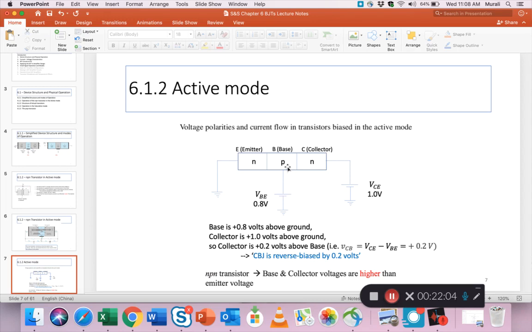The positive of the battery is connected to the P region, the base region, but the negative is grounded. Similarly, on this side, we have a battery, we call it VCE, and the positive of the battery is connected to the N region because we need reverse biasing, right? So the positive of this battery is connected and the negative goes to ground again.